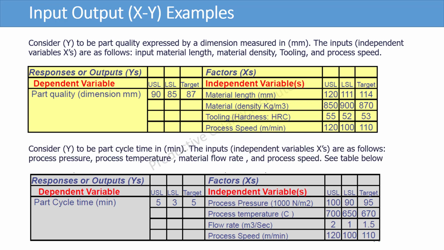But if we consider Y to be part cycle time in minutes, then the inputs, independent variables X's, are as follows: process pressure, process temperature, material flow rate, and process speed. For every input, there are an upper specification limit, USL, a lower specification limit, LSL, and a target.